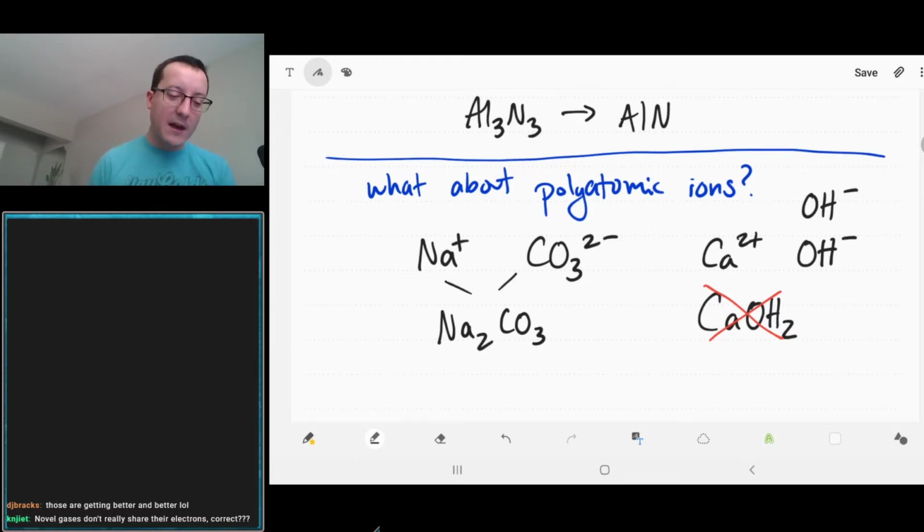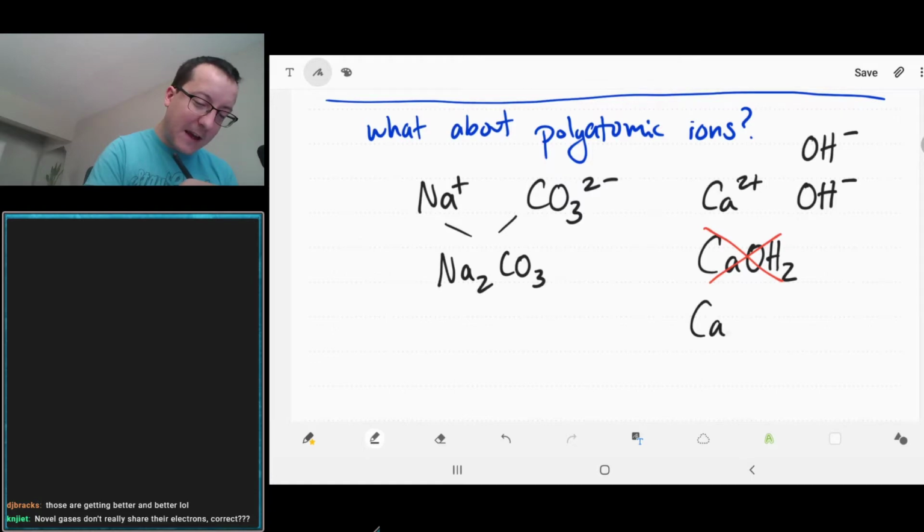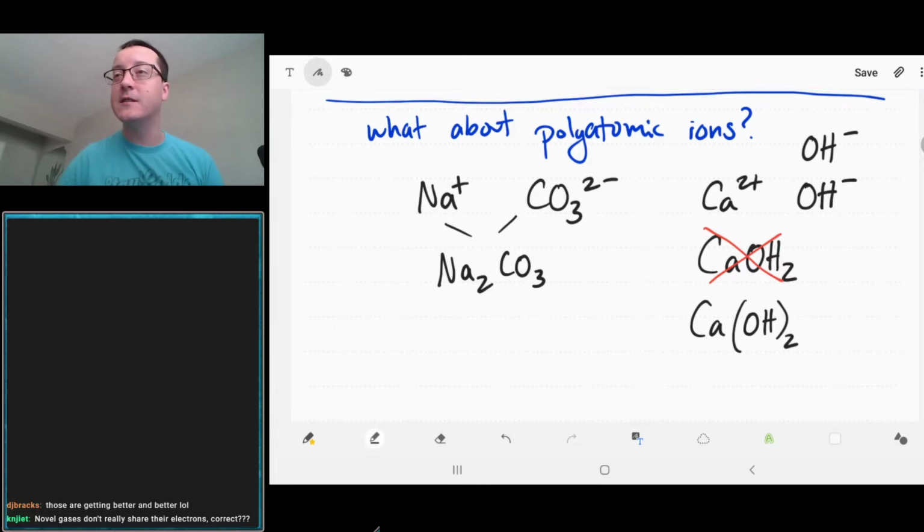And if we look at this formula that we wrote here, that's telling us 1 calcium, 1 oxygen, 2 hydrogens, right? But we need to actually have 2 oxygens, right? There's 2 hydroxides there. So what this is actually going to be is we're going to use parentheses to indicate we have 2 hydroxides.